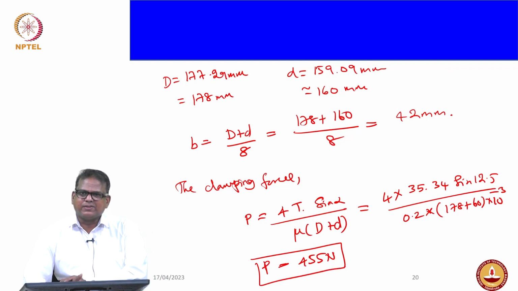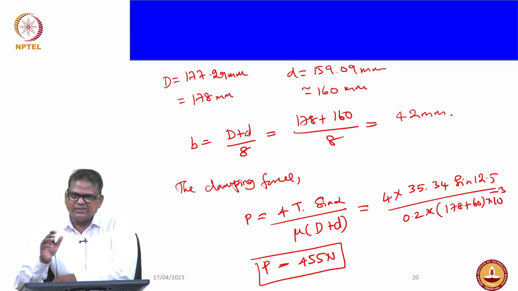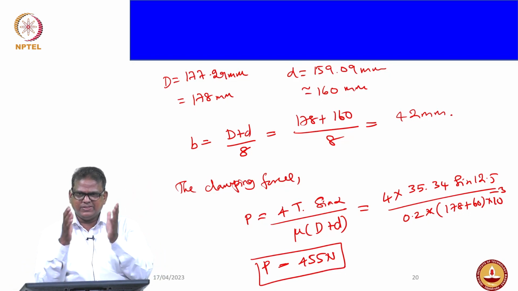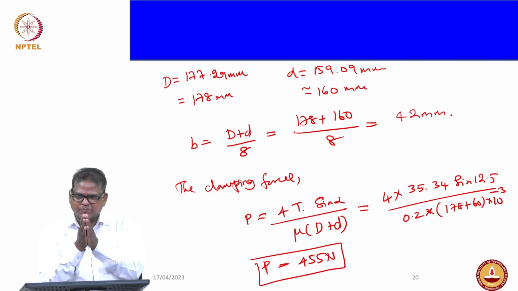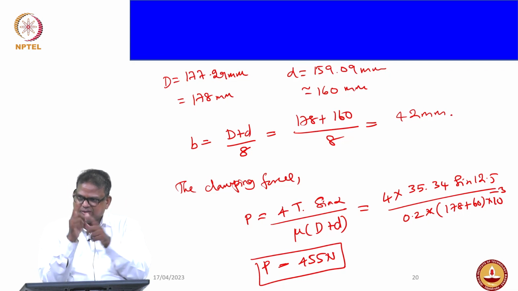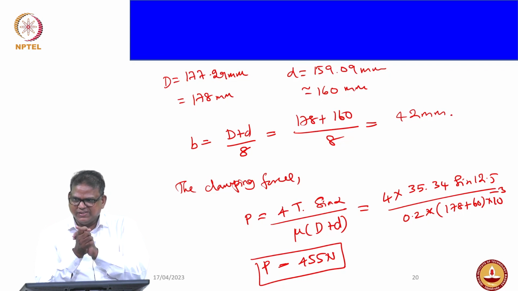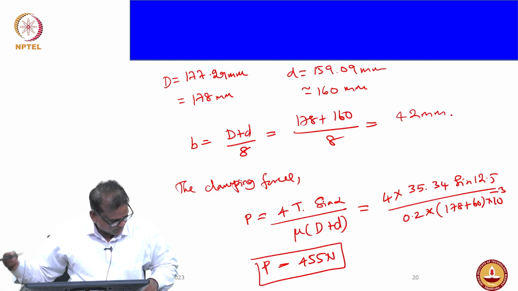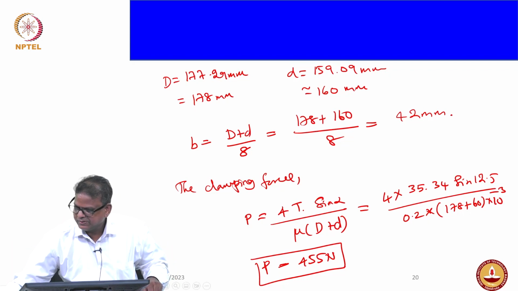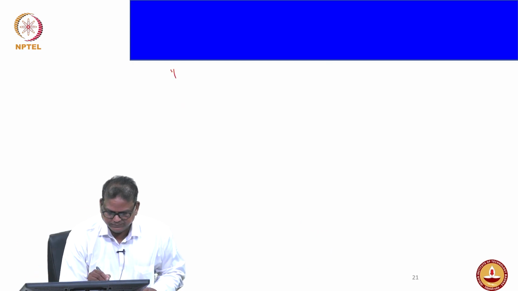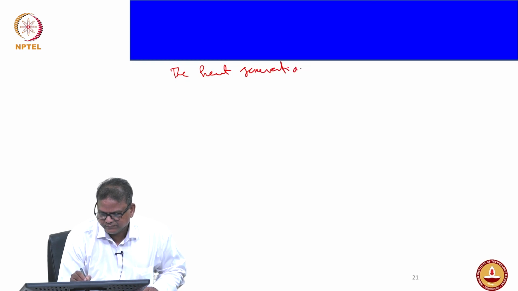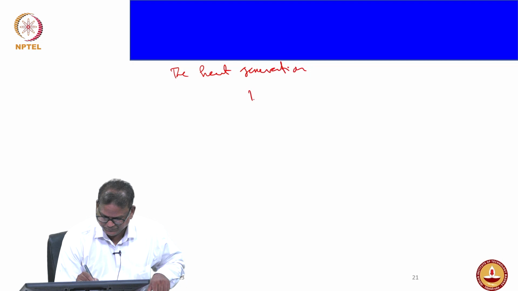Ultimately what they are asking is how much heat is generated, similar to your brake. Initially the speed is 0, then you make contact and achieve another speed. Within that, what is the heat generation? That is the question. The heat generated is torque into theta.